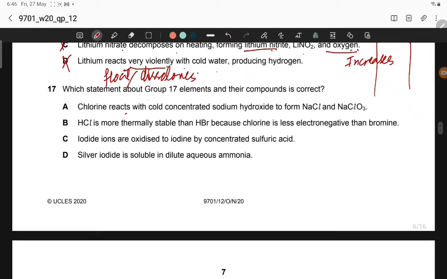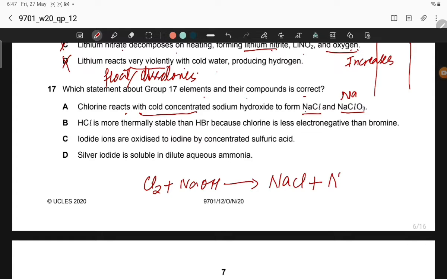Question number 17. Which statement about group 17 elements and their compounds is correct? Chlorine reacts with cold concentrated sodium hydroxide to form NaCl and NaClO3. No, chlorine reacts with cold concentrated sodium hydroxide to form NaCl plus NaClO plus water.